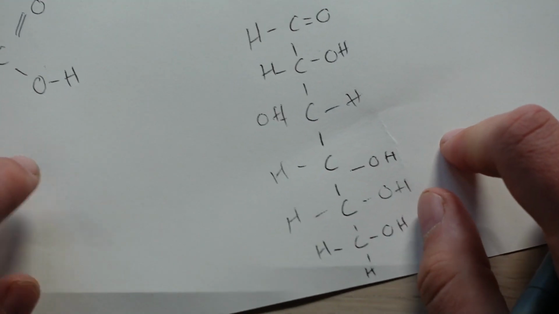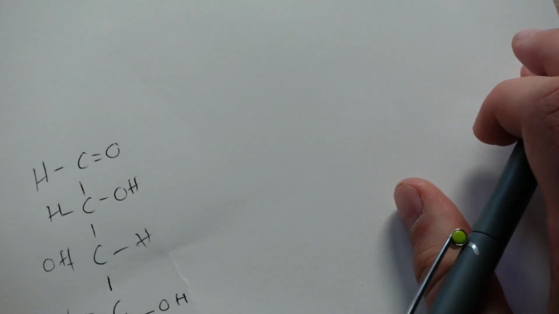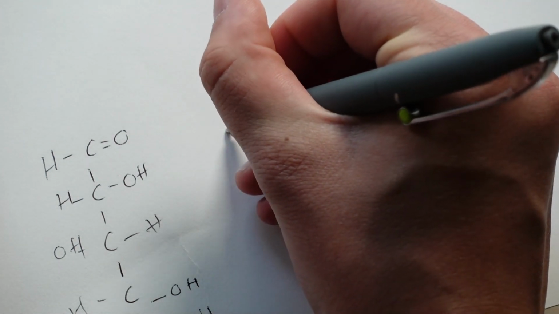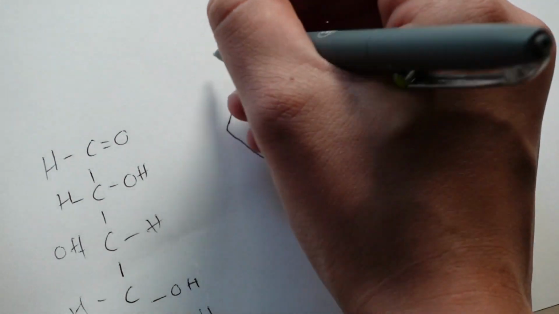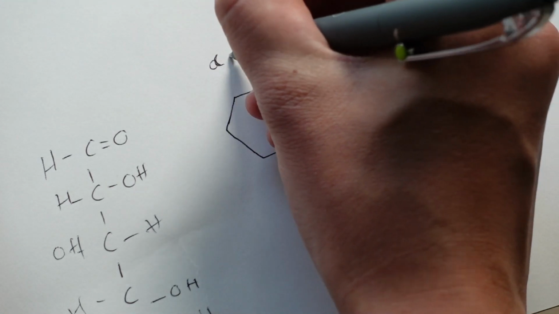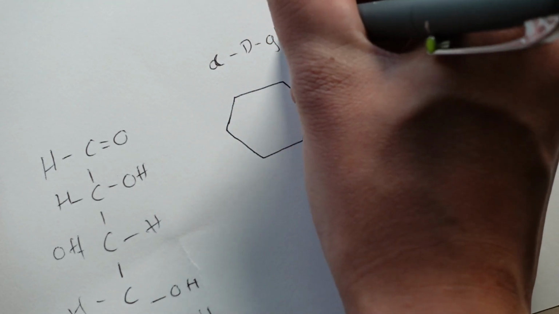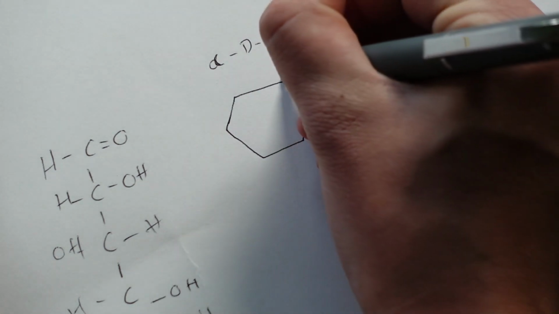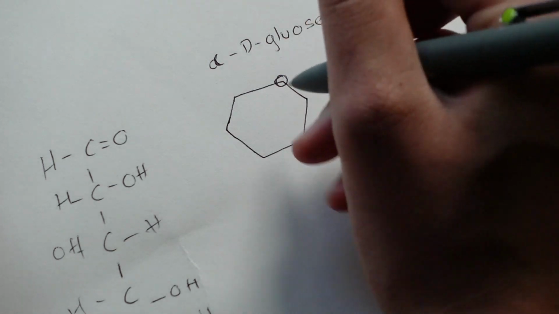That's the long structure, but you will also need to know how to do the ring structure. So 1, 2, 3, 4, 5, 6, and there's alpha D glucose, or just alpha glucose. There's always an oxygen there.